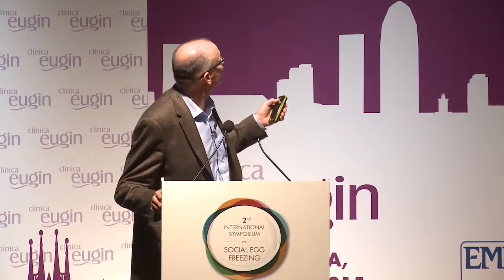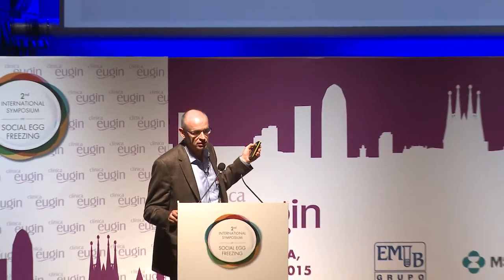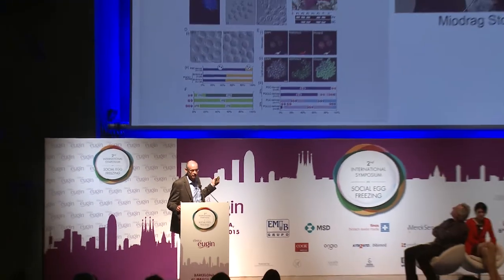The same for ovaries. The same group demonstrated also that they are able to derive oocytes from iPS cells using, again, a small trick, and this is using an aggregation of PG cells with ovary tissue and using a reconstruction of ovaries. And you see here, these are oocytes derived from embryonic stem cells.